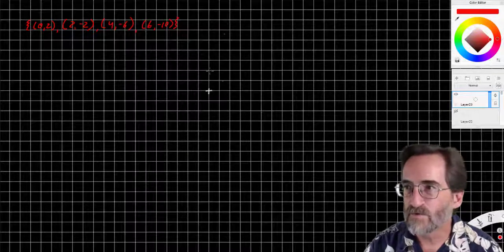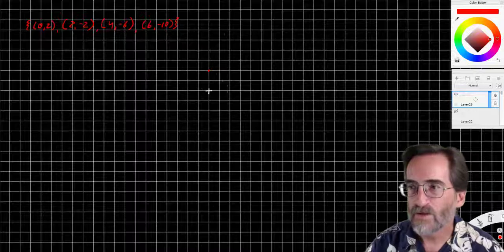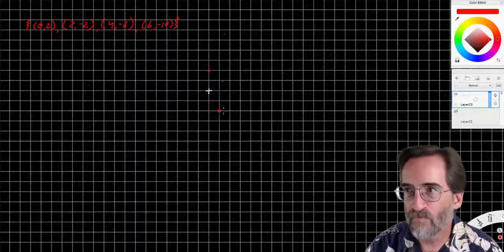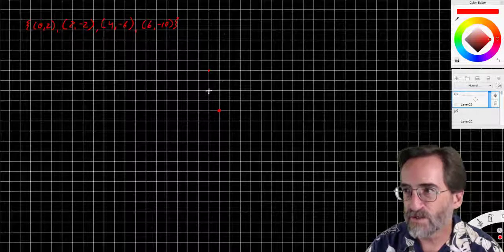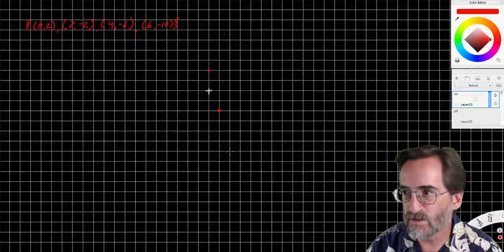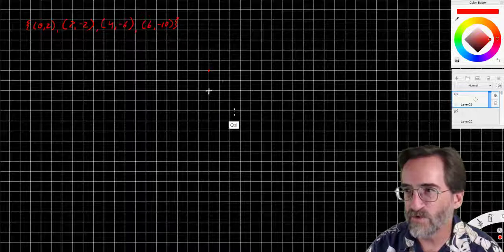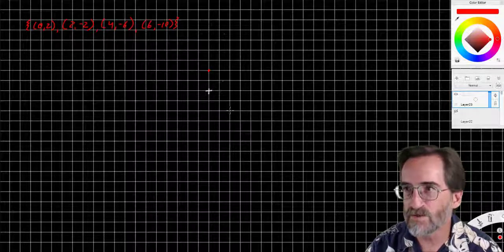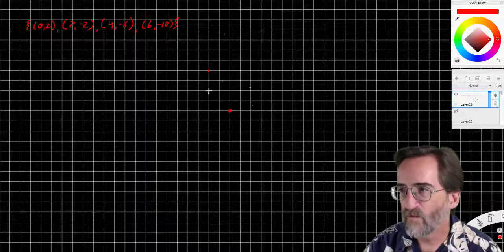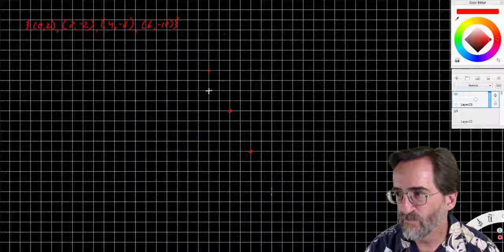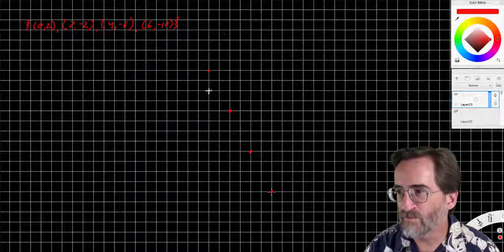So (0, 2), (2, -2), (4, -6), and (6, -10).